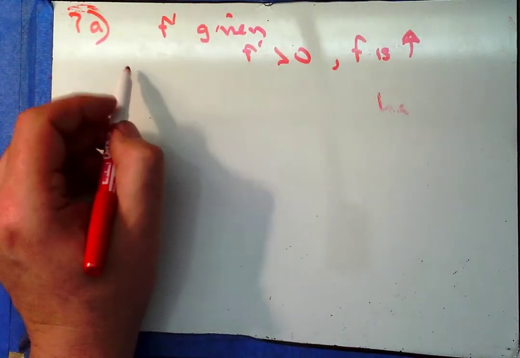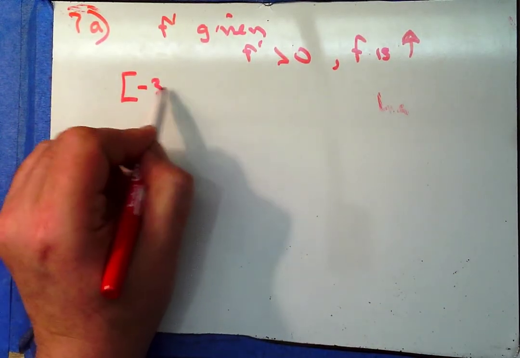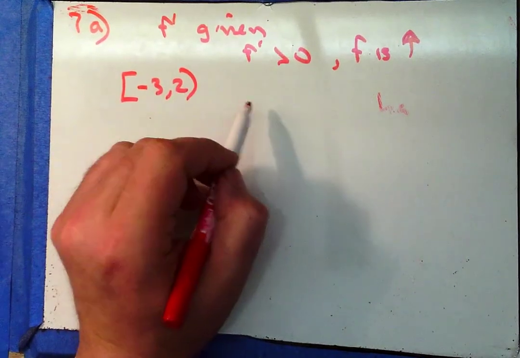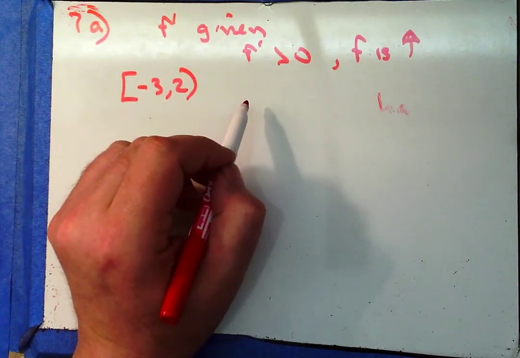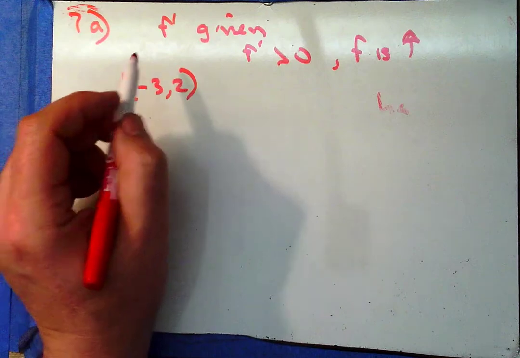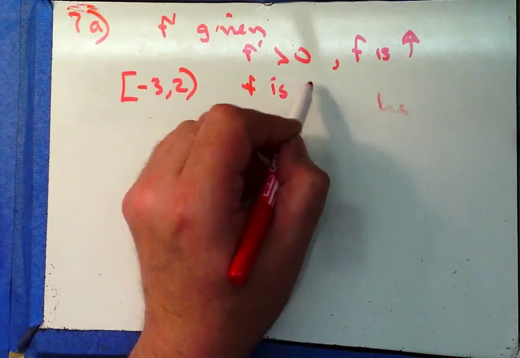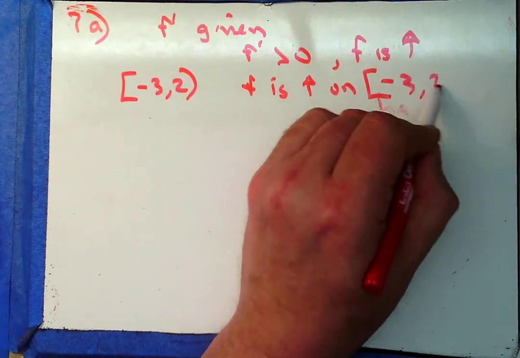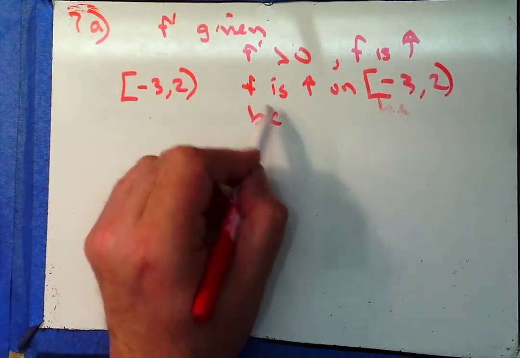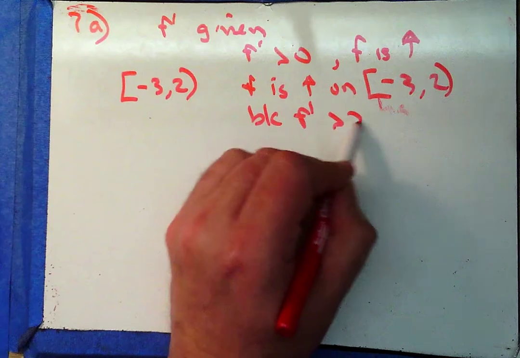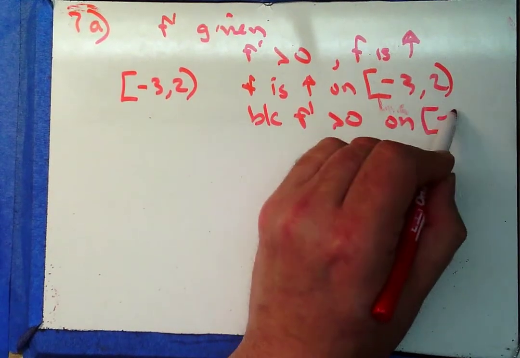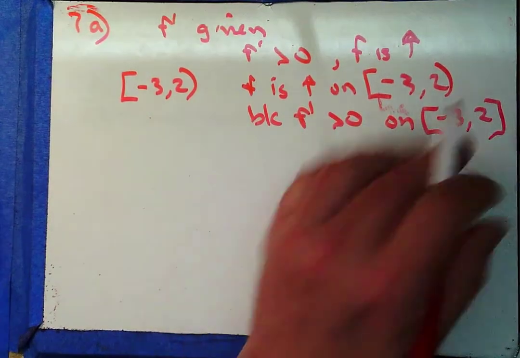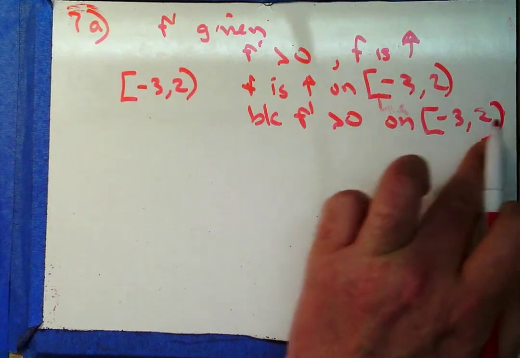And I see that that's happening on -3 to 2. And do they ask me to justify? They say, yes, justify your answer. So f is increasing on -3 to 2 because f prime is greater than 0 on -3 to 2. Nice. Easy points for us.